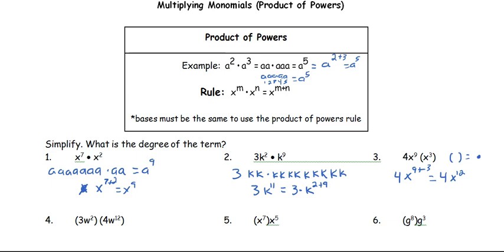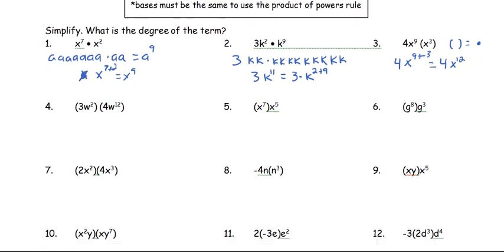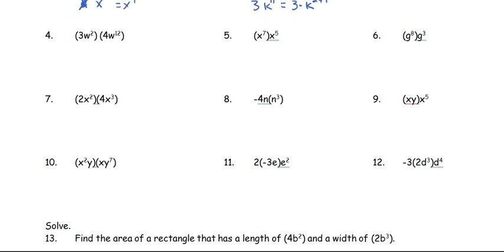Alright, number 4. Well, they're going to actually give us some numbers to multiply. Since you have these numbers together, we're going to multiply 3 times 4. So 3 times 4, let's put that in parentheses. And then w squared times w to the 12th.